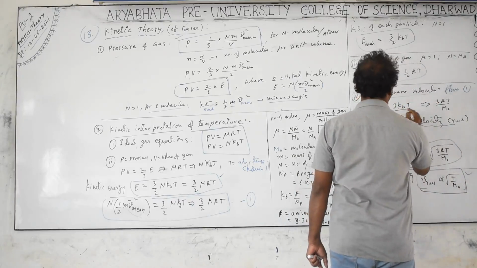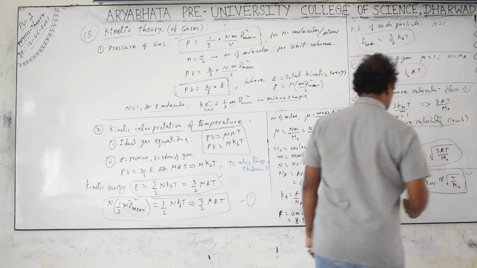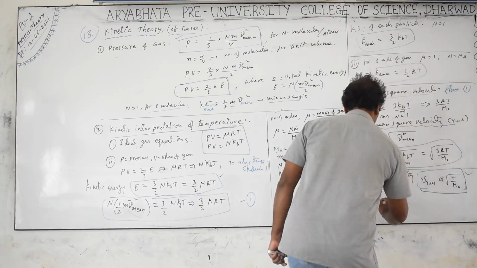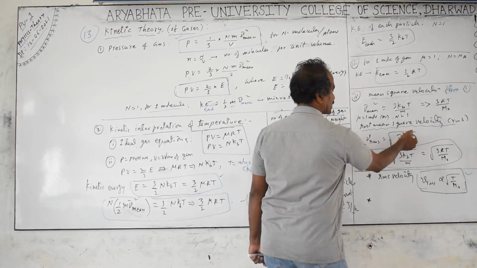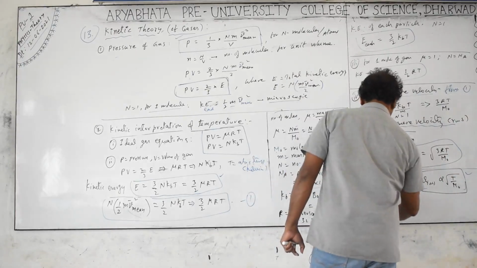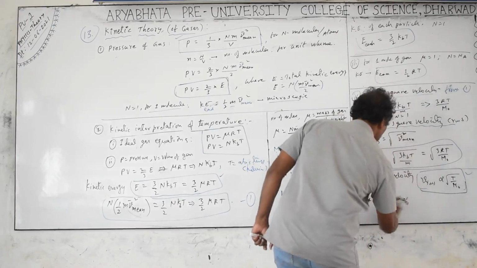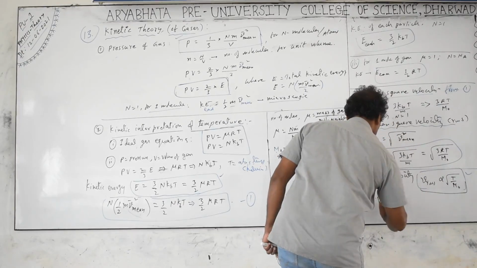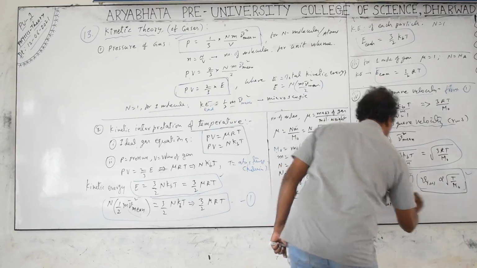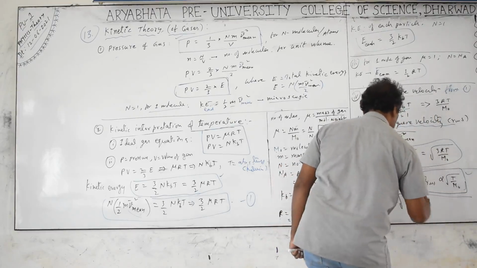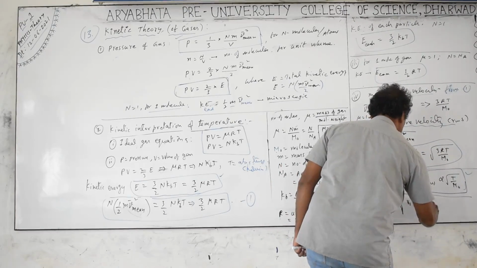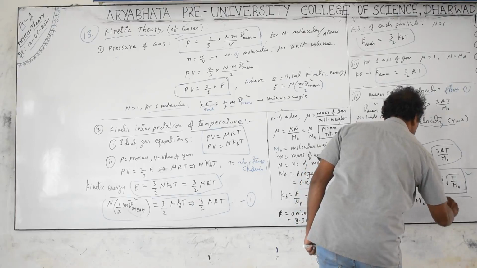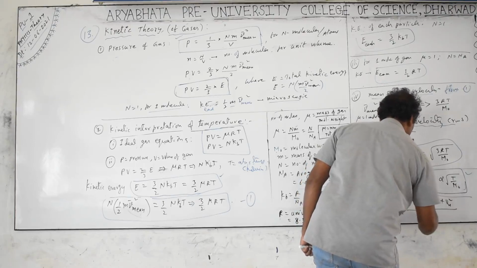What is RMS velocity? It is the root of the mean of the square of the velocities. Vrms is also equal to the square root of, since several particles are traveling in different directions with different velocities, if n particles are there, we can take the squares of the velocities: v1 square plus v2 square plus and so on plus vn square, divided by n.